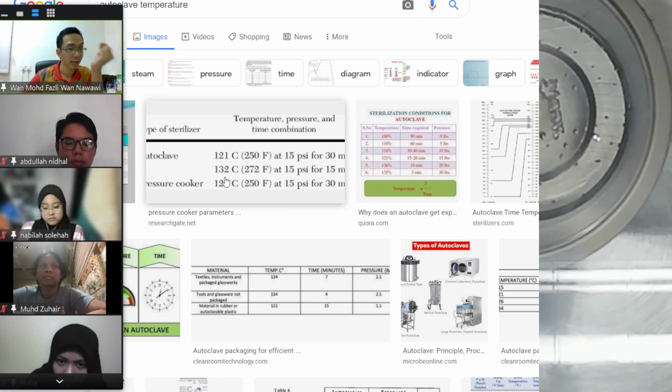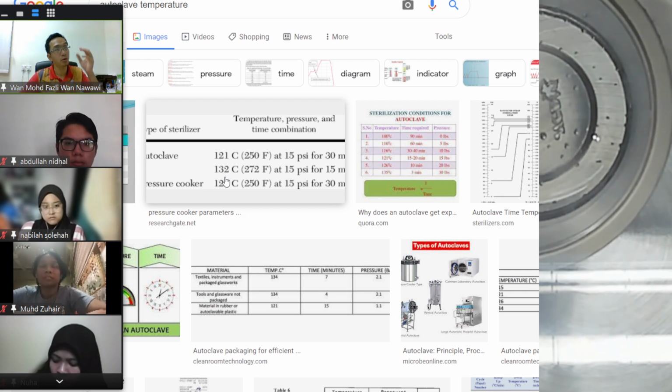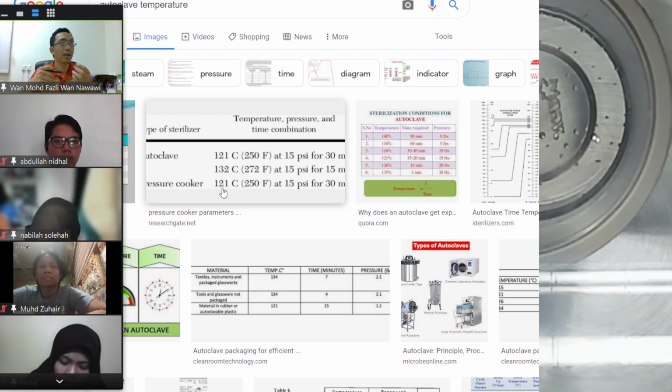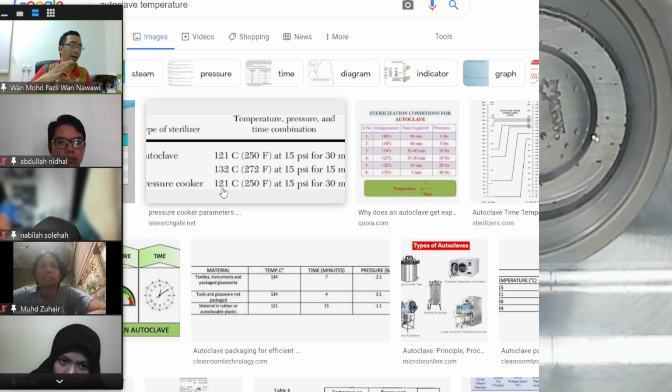So you can boil the water higher than 100 Celsius. You cannot do this in a normal situation, but in the pressure cooker, because PV equals nRT, pressure increases, temperature also increases, and the water will heat at such a high temperature, 120, 130.